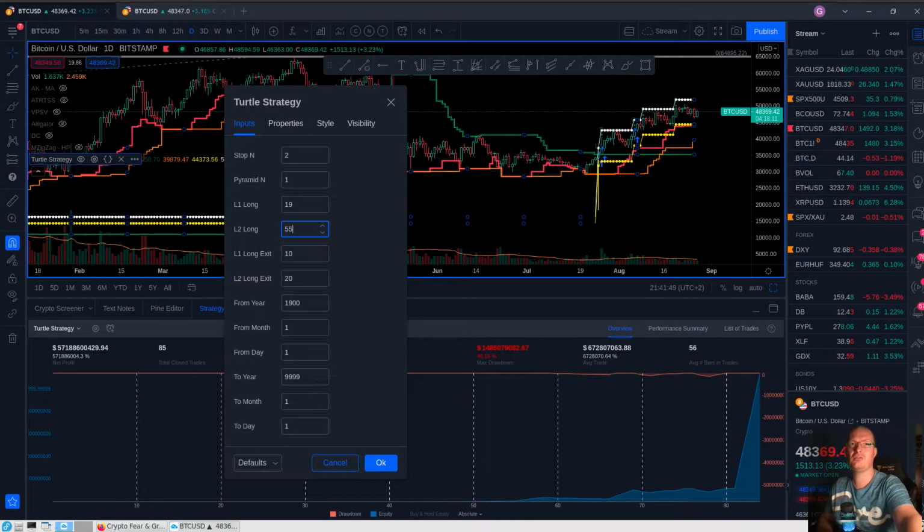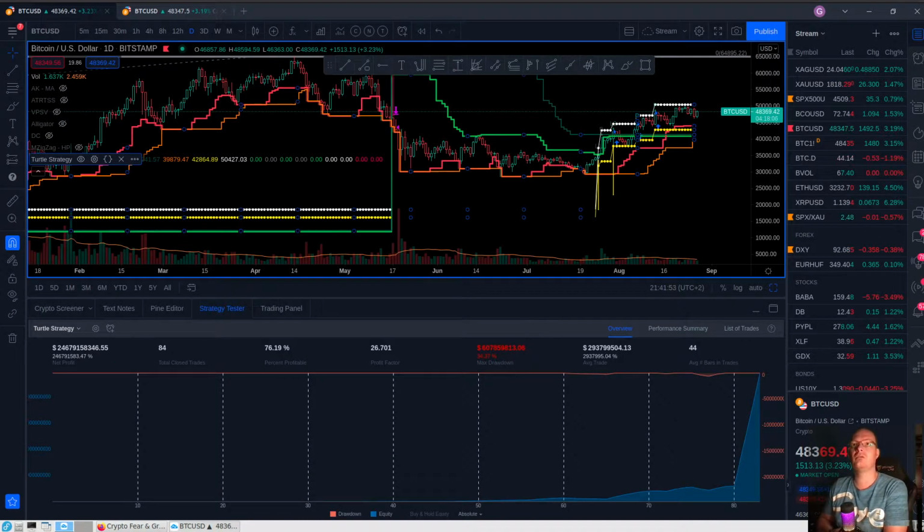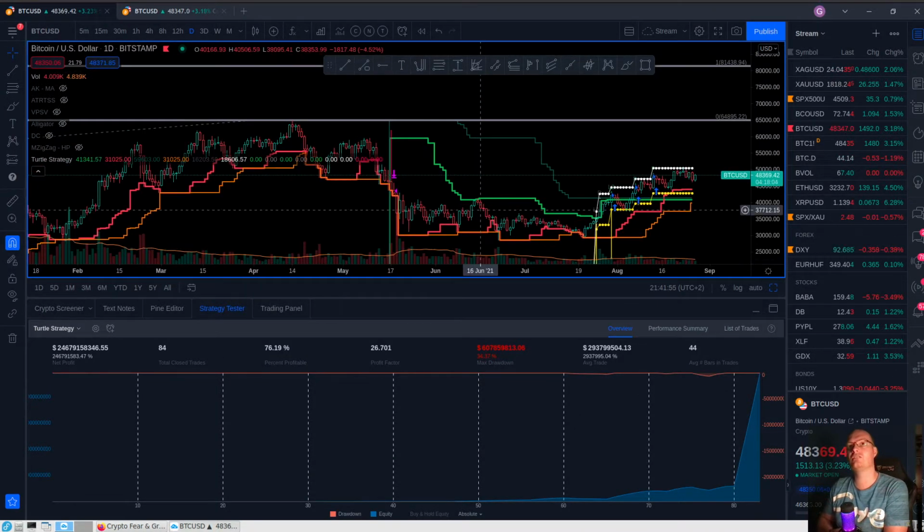So we take the 55, but we keep the 19. Now you can nicely see the split: this dark green here is the 55, the high of the last 55 candles, and then the lighter green is from the last 19.